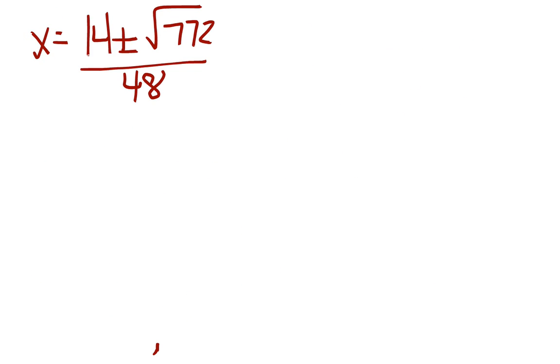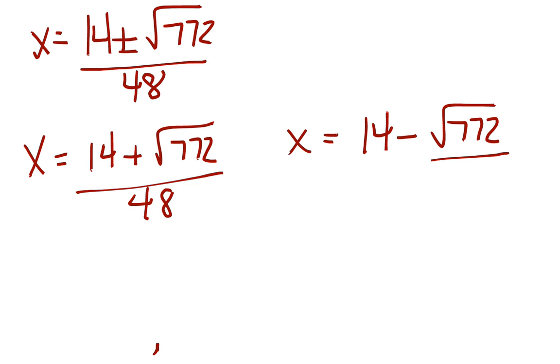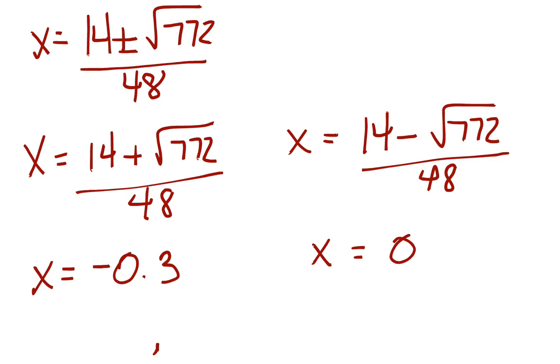And so now I just divide it into my 2 roots. So x is equal to 14 plus the square root of 772 divided by 48, and x is equal to 14 minus the square root of 772 divided by 48. When I plug and chug into the calculator, I find that my 2 roots are x is equal to negative 0.3 and x is equal to 0.9.